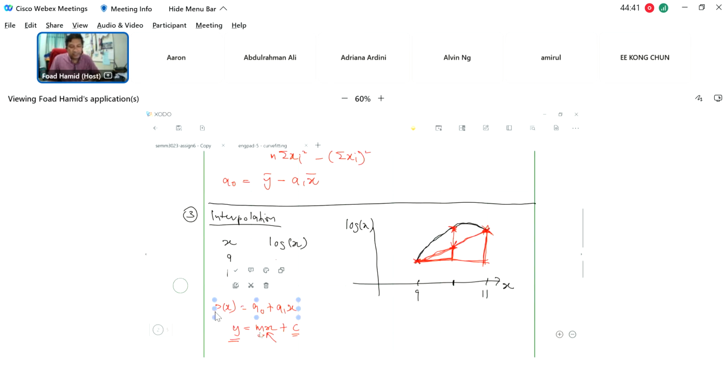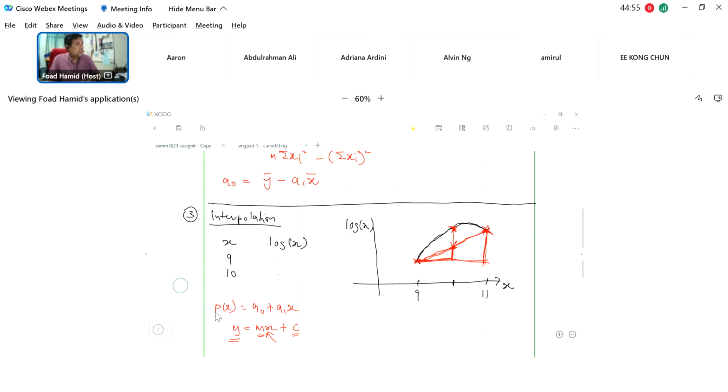So what we can do here is, first of all, we need to find the slope, right? Because it is this equation, y equals mx plus c, or for linear regression, linear interpolation, we need a naught plus a1 x. So we need to find what is a1 and a naught.